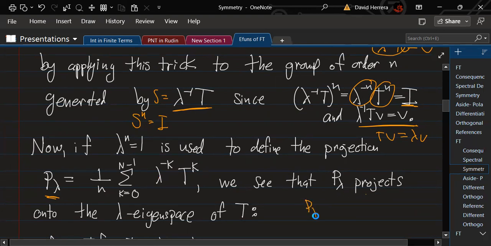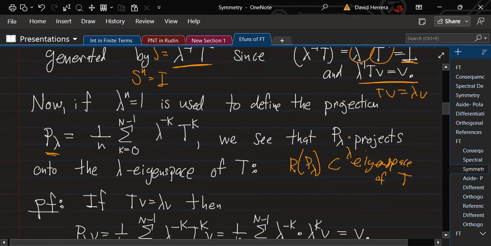We know that the range of P lambda belongs to the lambda eigenspace of T. However, what we're actually going to show is that P lambda projects onto the lambda eigenspace of T.